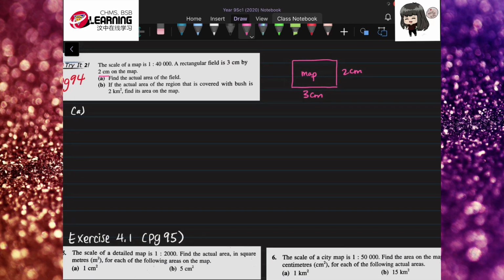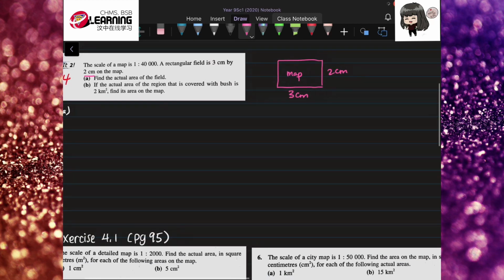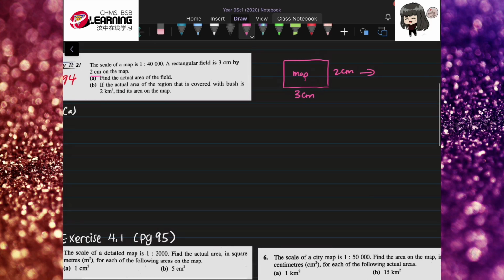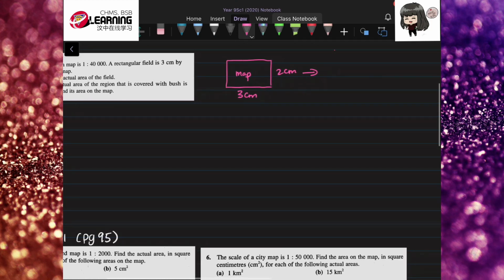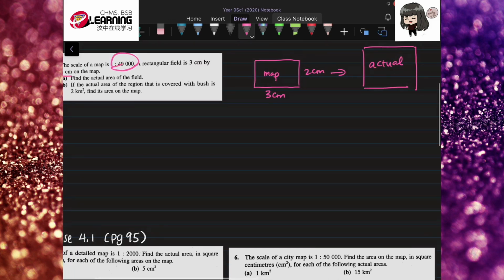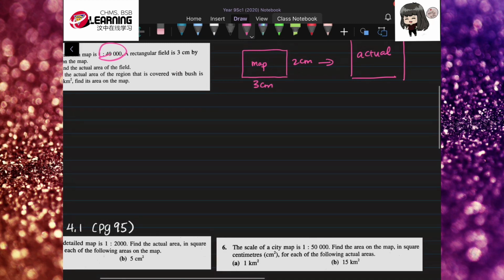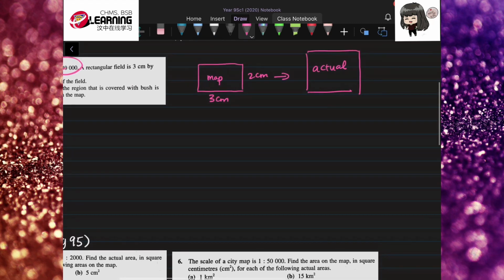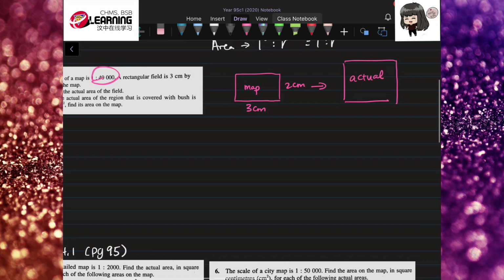So the actual one, you change it to the actual size, and of course it will be bigger. Since the scale is given as 1 to 40,000, I'll move it down here.